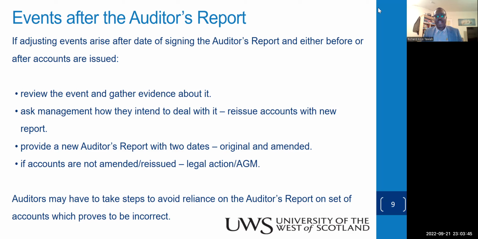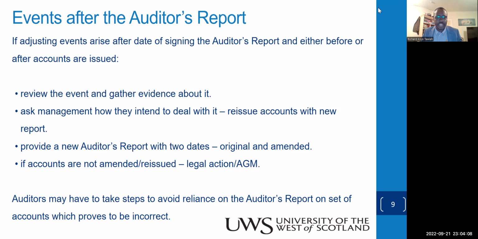Now, if accounts are not amended and they are not reissued, but they still stick to the old report, and the matters which have arisen between the time when you signed and the time that they issued it is material, you could take legal action or report this at the shareholders meeting, at the annual general meeting.